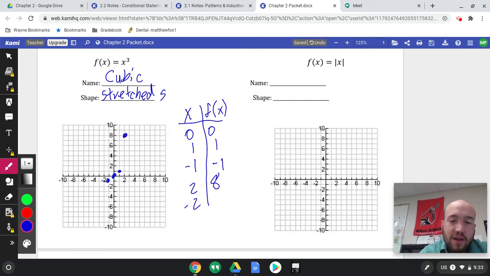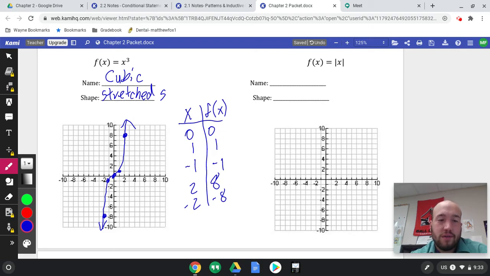Negative 2, likewise, will give us negative 8. And then we draw that. Oops, let me redo that line. There we go. And that is our parent function of the cubic.